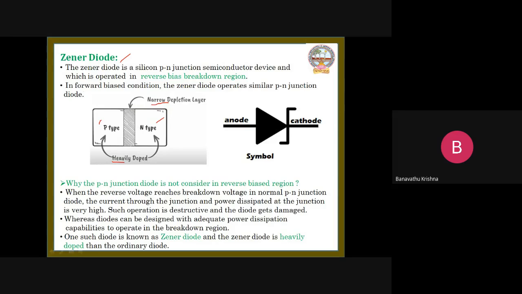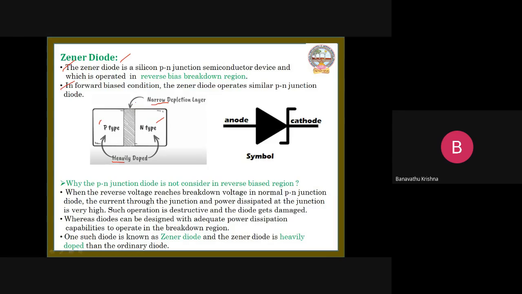Okay, so let us go to the first point here. The Zener diode is a silicon PN junction semiconductor device which is operated in reverse bias breakdown or reverse bias condition. In forward bias condition, the Zener diode operates similar to a PN junction diode.